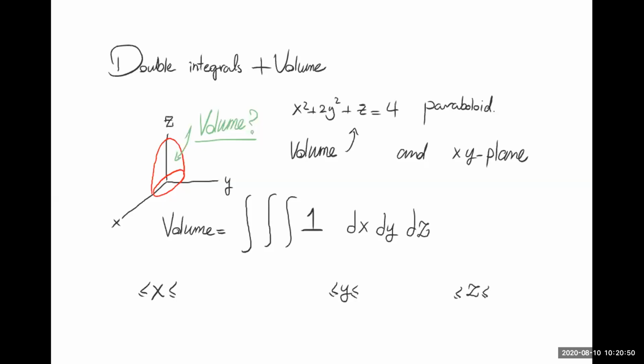How can I find the bounds for x? Well, look at this. I want to find bounds for x, so I should try to isolate x. x squared is equal to 4 minus z minus 2y squared. So x is equal to plus or minus the square root of that.